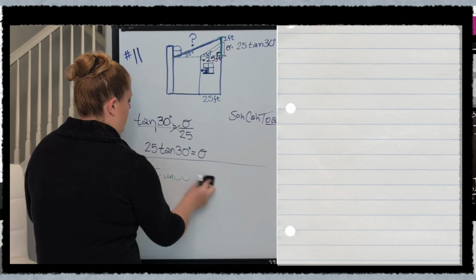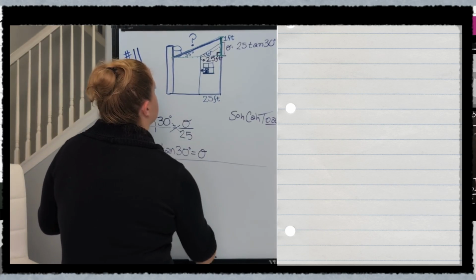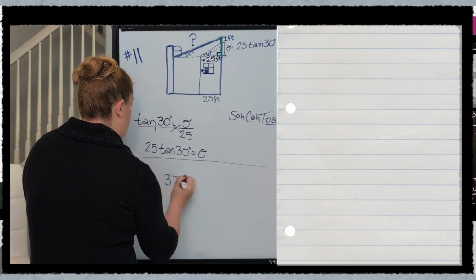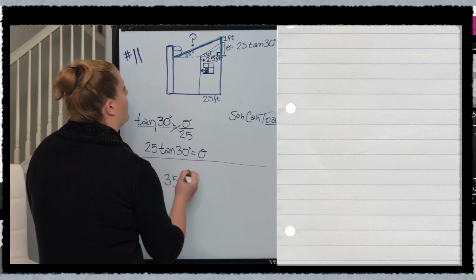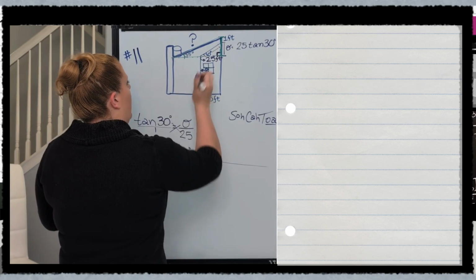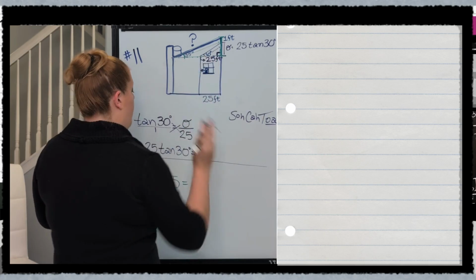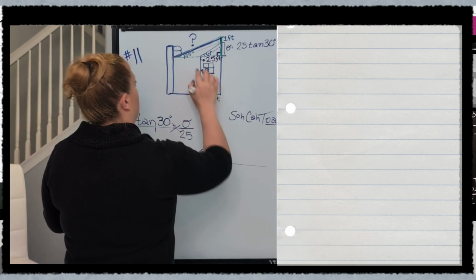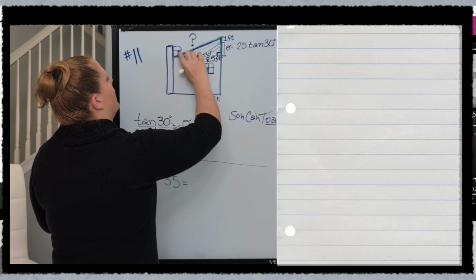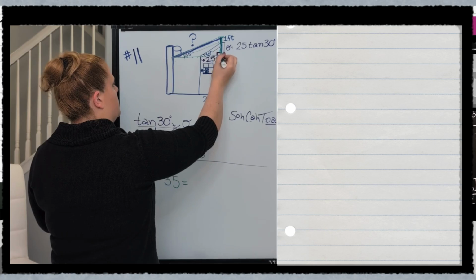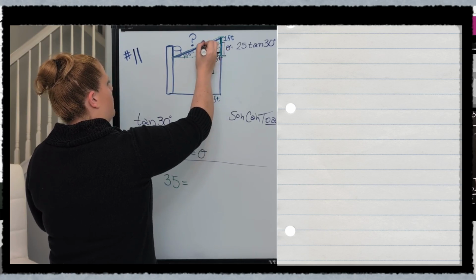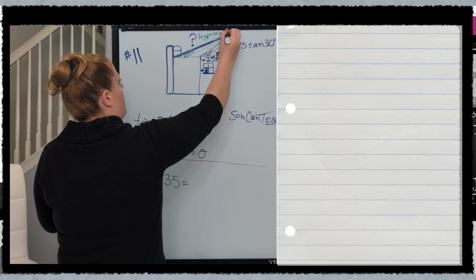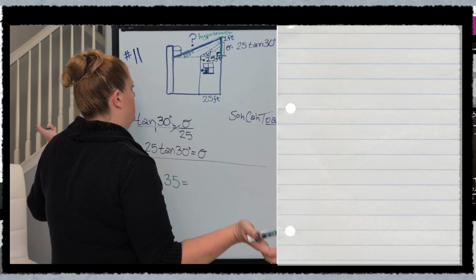I'm going to erase that for a second. I should have just written it up there instead, but we're working with our 35-degree angle. Right now, we know our opposite, and we're looking for not the adjacent, but our hypotenuse. Okay, follow that across. That is our hypotenuse. So I'll call it H for hypotenuse.